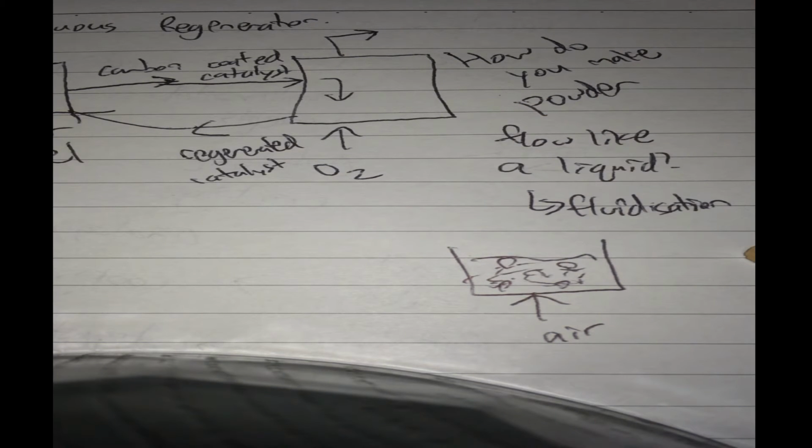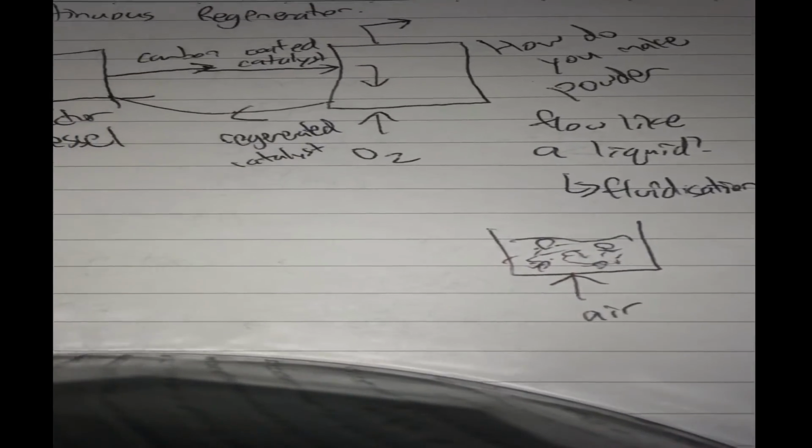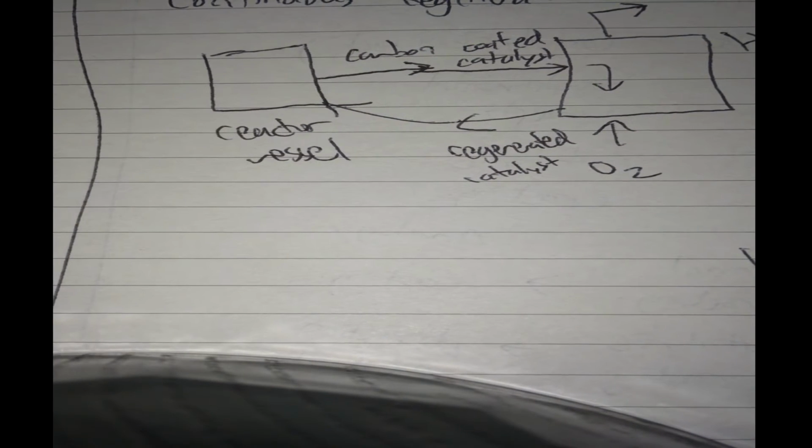It will start to behave like a liquid. This is known as fluidization. I have a video in the description, you can go and watch it. So what I do is I fluidize the catalyst. So I can do that with steam.